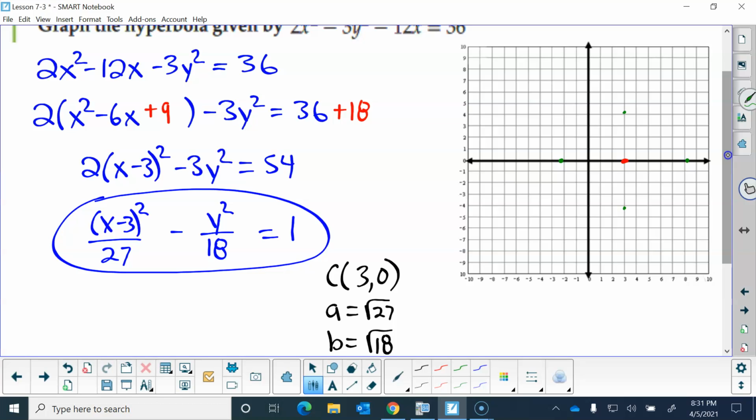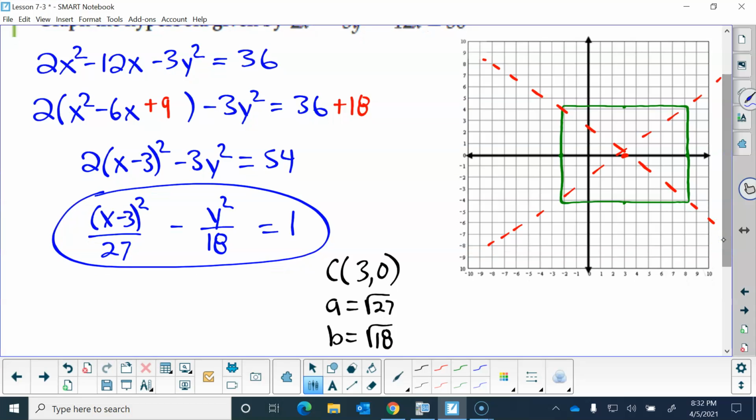And then we can take those 4 points, we can draw a rectangle. And then once we establish that rectangle, we can draw in the diagonals, which represent the asymptotes for this hyperbola.